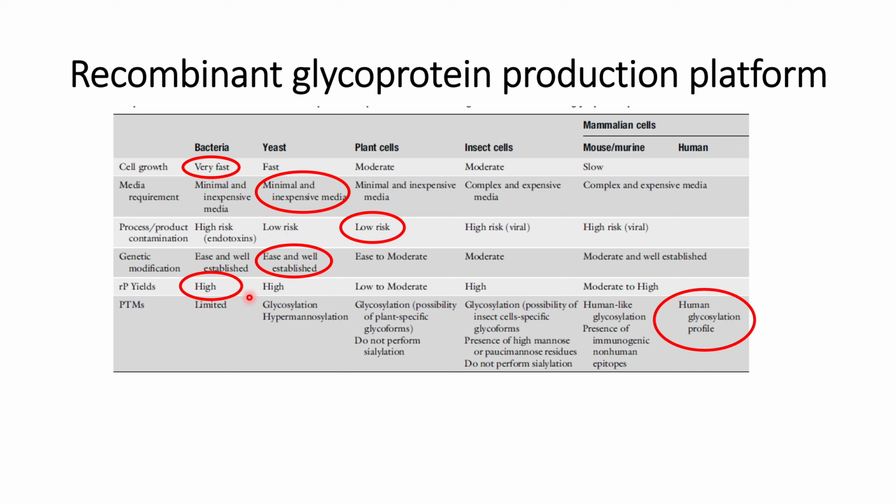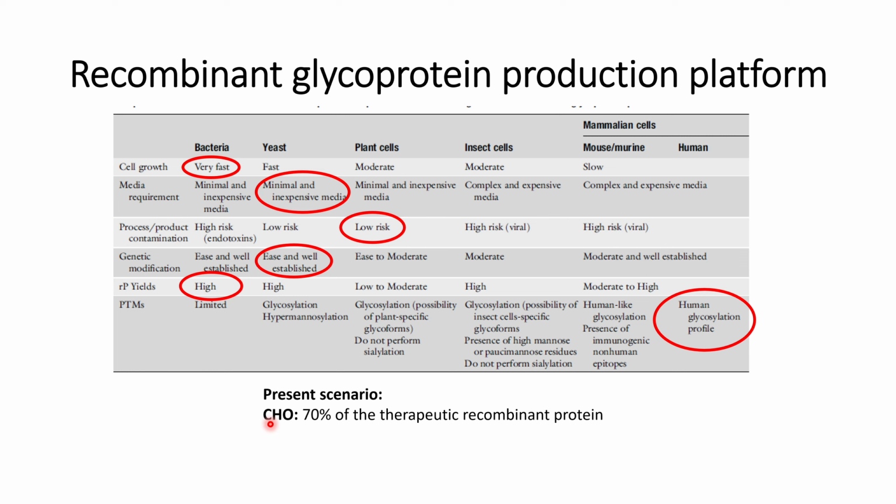The cell lines should be easy to transfect, with low risk of contamination, and not require very expensive raw materials, or we can say minimal or inexpensive media. Cell growth should be high so that the amount of final product produced from the same amount of cells will be higher. So these are the criteria that need to be fulfilled in the future glycoprotein production platform.